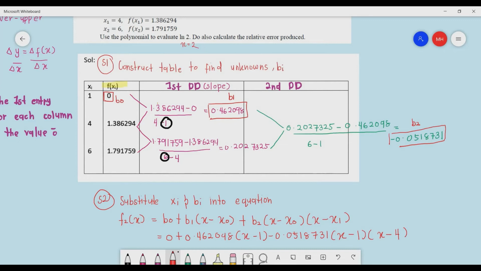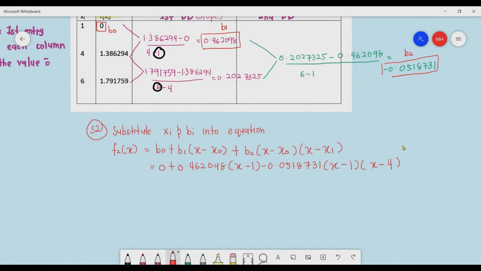So this is the interpolated function using the polynomial Newton divided difference method. Later you can find the value of f(x) when x equals 2. So you just substitute.